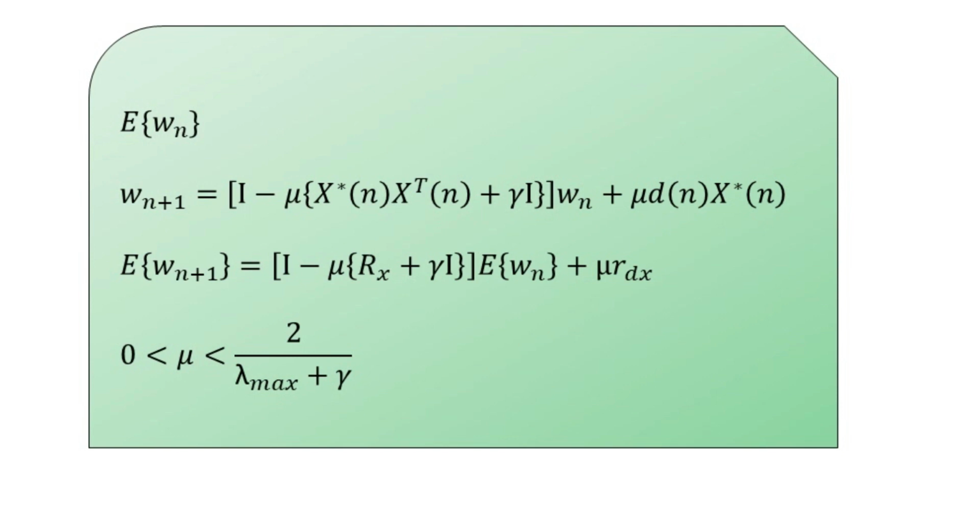Specifically, the weight vector w_n converges in the mean, so that the limit as n tends to infinity of the expected value of w_n equals the inverse of the autocorrelation matrix Rx plus gamma times I, multiplied by the cross correlation r_dx. Therefore, the leakage coefficient introduces a bias into the steady state solution.